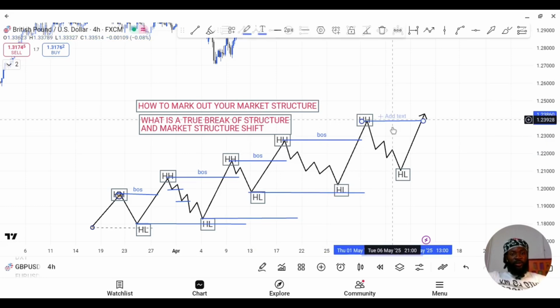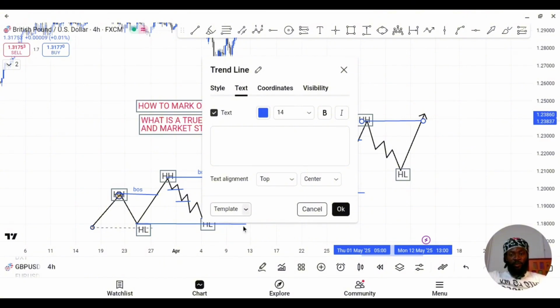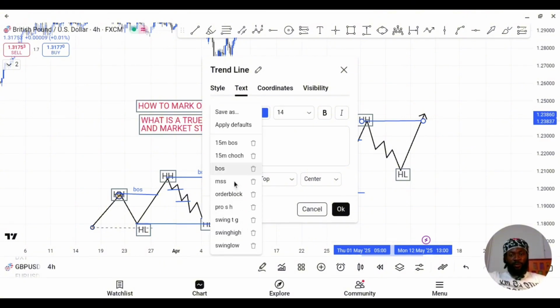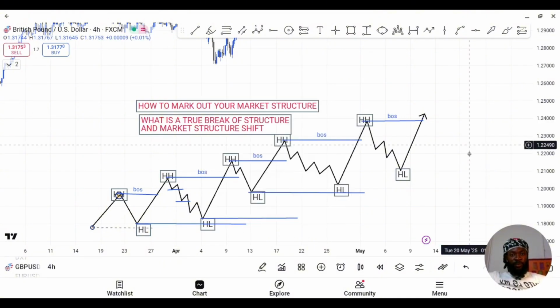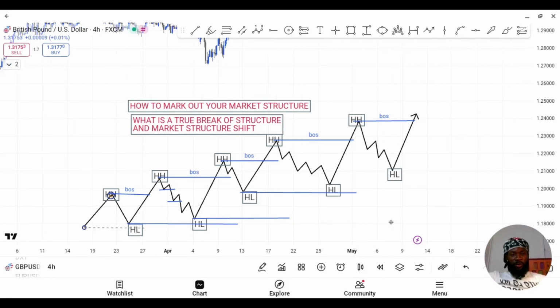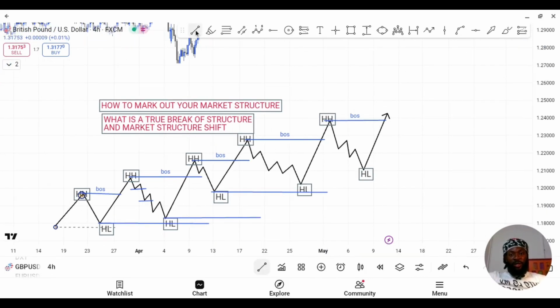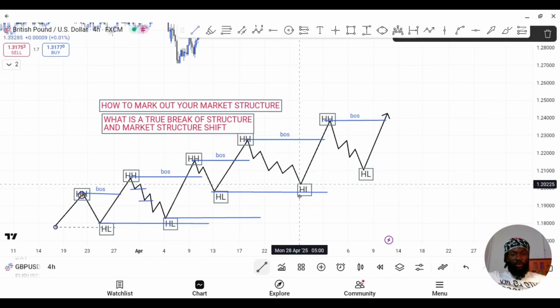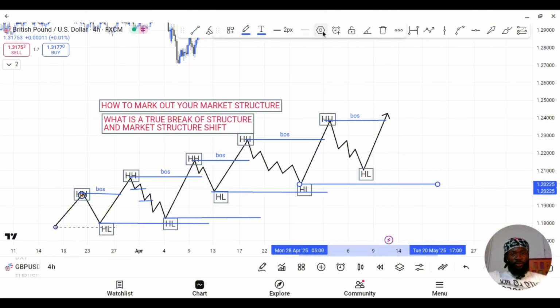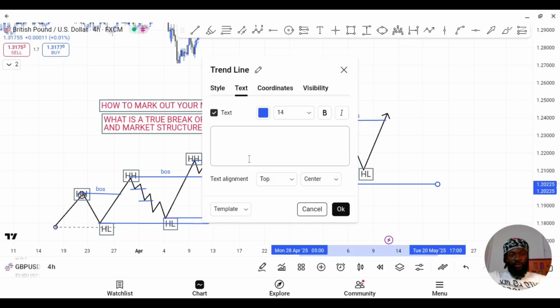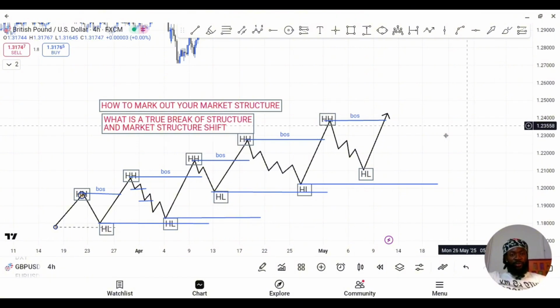Now we have our new break of structure, and this is now our new higher low, which is our protected low. It's our new higher low.